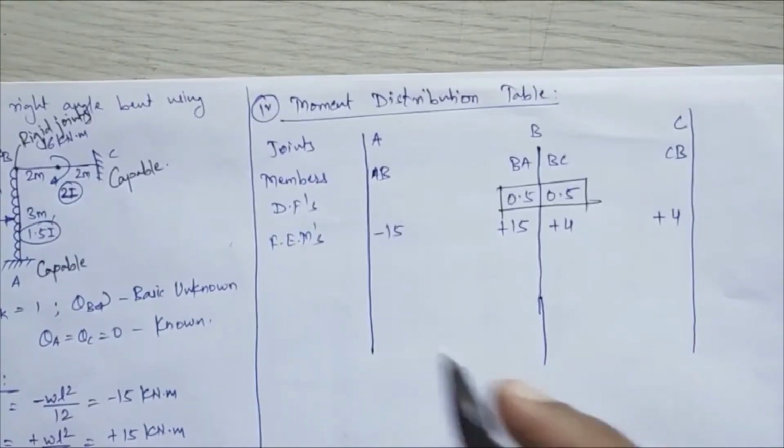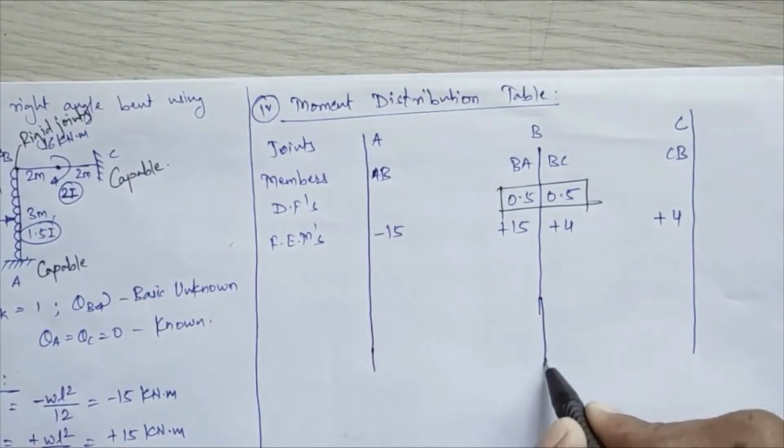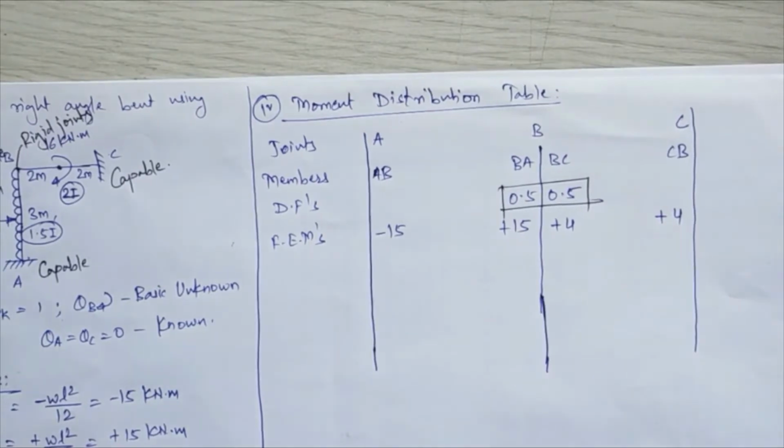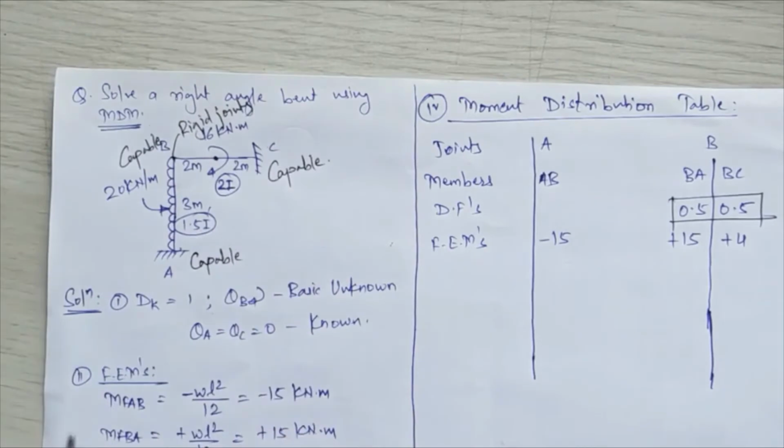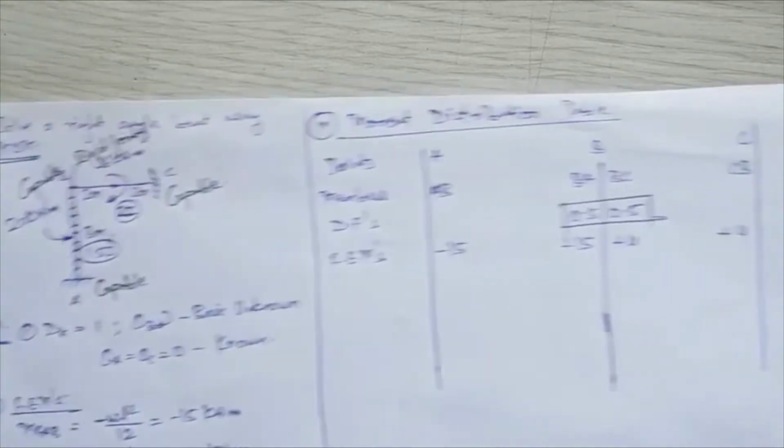Now after this you apply the balancing moment, but for that you have to check whether there is any incapable support in your complete given structure or not. There is no incapable support in this complete frame, so no need of balancing the moment.